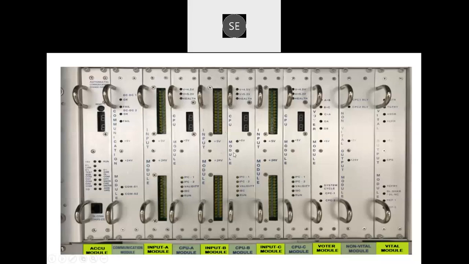Similarly, input B and CPU B, input C and CPU C, these modules also process the inputs and produce the output to the voter module. This voter module evaluates the outputs of the 3 CPUs and drives the output cards only when at least 2 outputs of the 3 CPUs are equal. This is actually the function of the 2 out of 3 architecture.